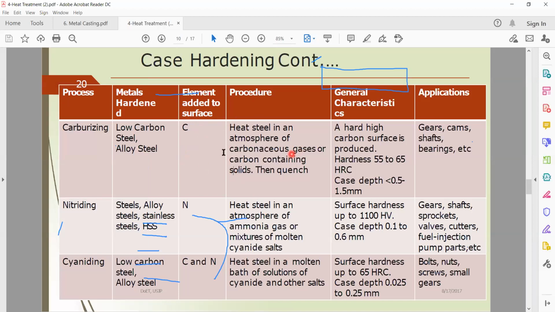That is the procedure. That means you have to heat the metal, in this case steel, right? You have to heat the steel in the atmosphere condition. Atmosphere condition means in your surrounding environment with carbonaceous gas or any carbon-containing solids, right?